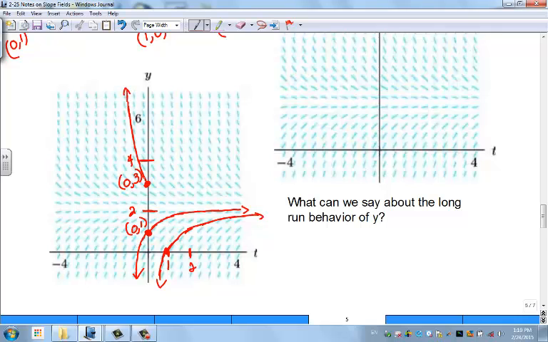If I go towards positive infinity, it becomes less steep until finally, what happens at 2? Well, again, we flatten right out. As t approaches positive infinity, what happens? Well, as t approaches infinity, y approaches 2.